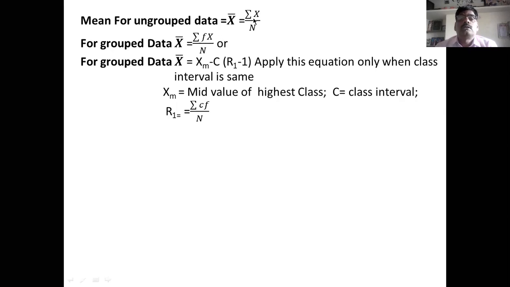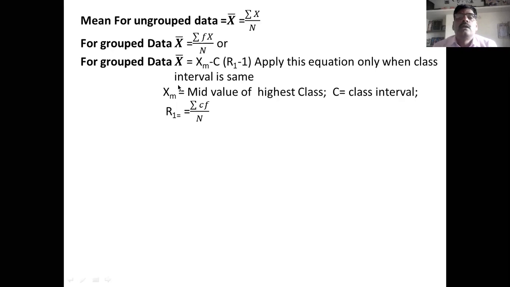Mean is nothing but sum of x divided by n. This is for ungrouped data. Sum of x means you take the total of the numbers given in the problem and divide by n, the number of values.